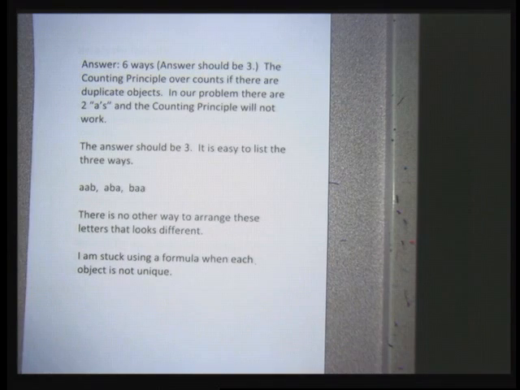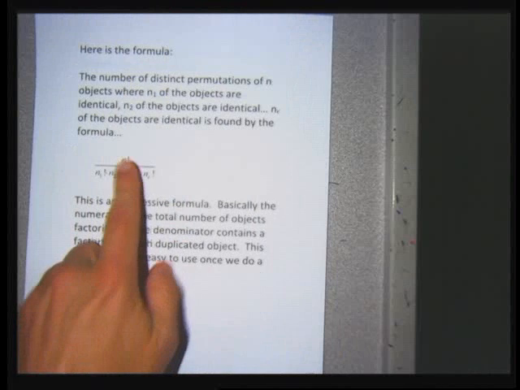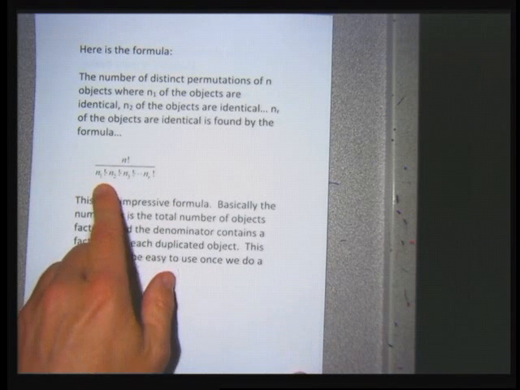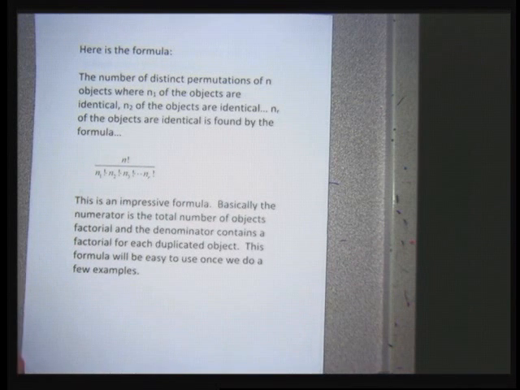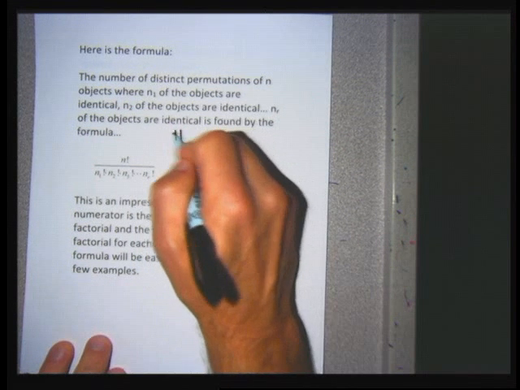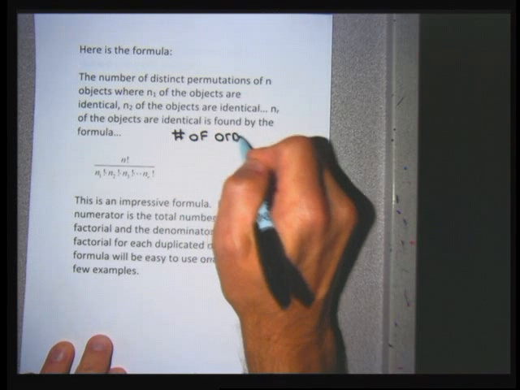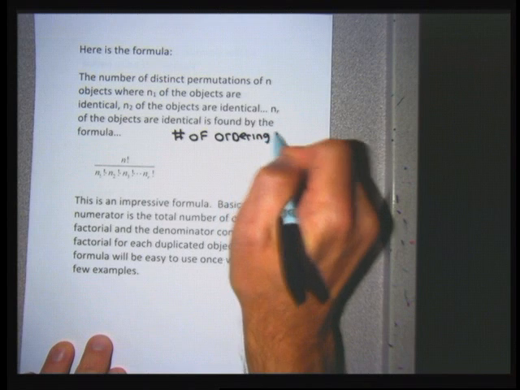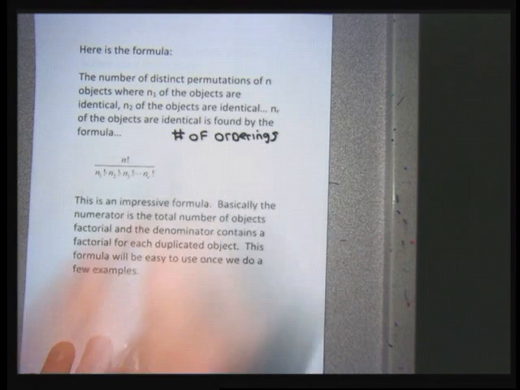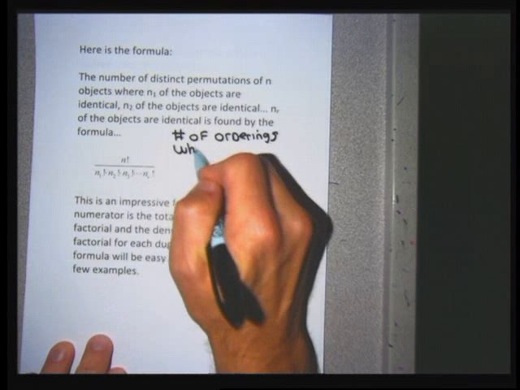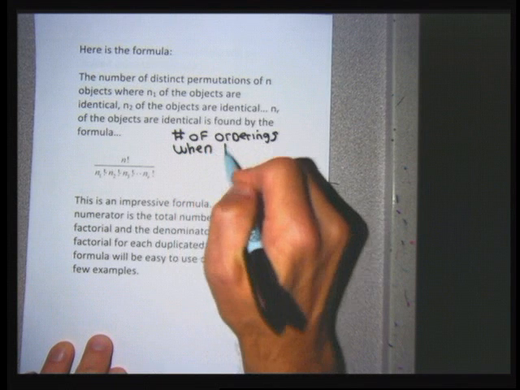So here's the formula. The formula says n factorial over n1 factorial, and so on, through nr factorial. I don't even have that formula memorized. So the number of ways to write things in different orders when there are duplicate objects can be accomplished by using a formula.